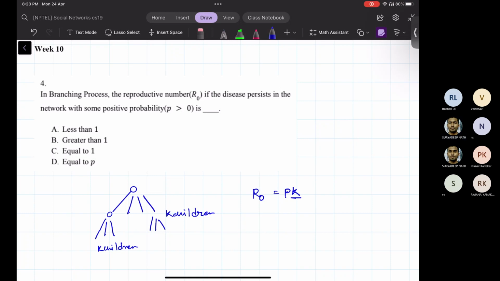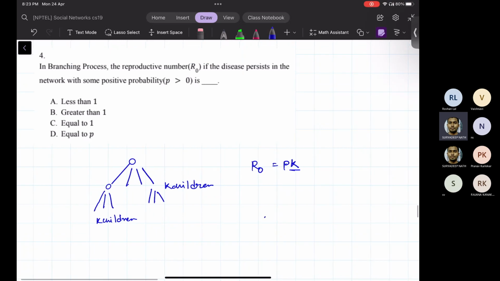So if you go to the ith level, the expected number of affected nodes is p k to the power i, and for the disease to persist, this must not go to 0.